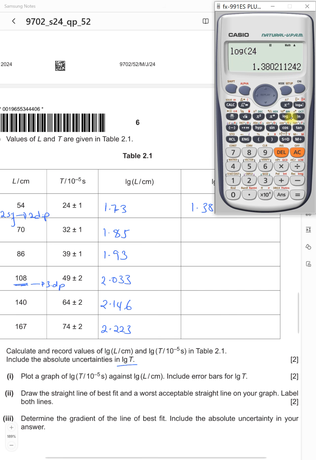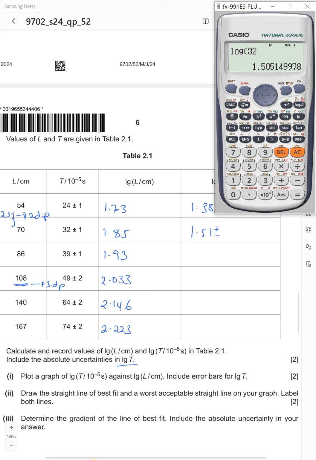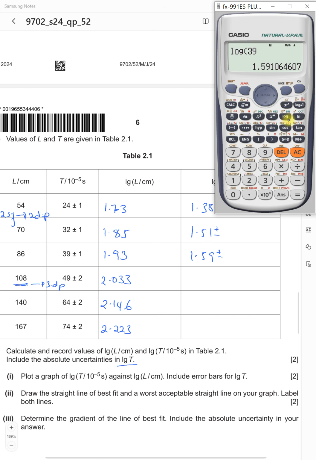The next one is a log of 32. That is 1.51. The next one is log of 39. That's 1.59. The next one is log of 49, 1.69.